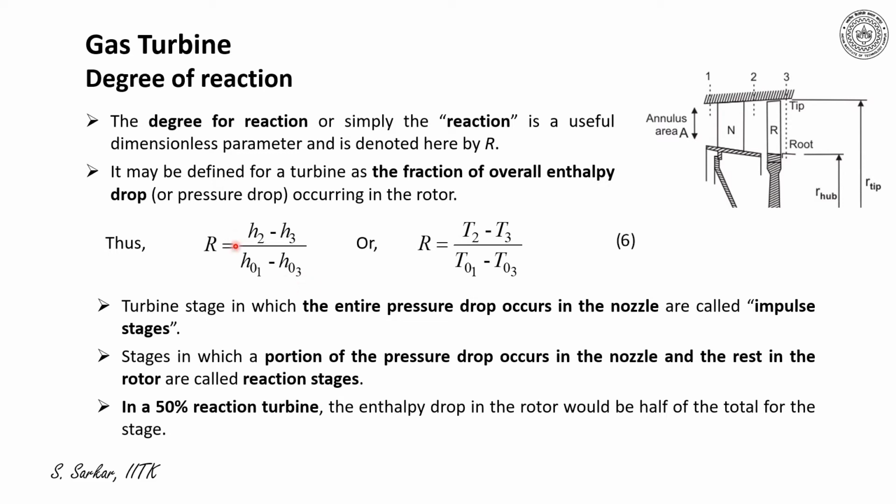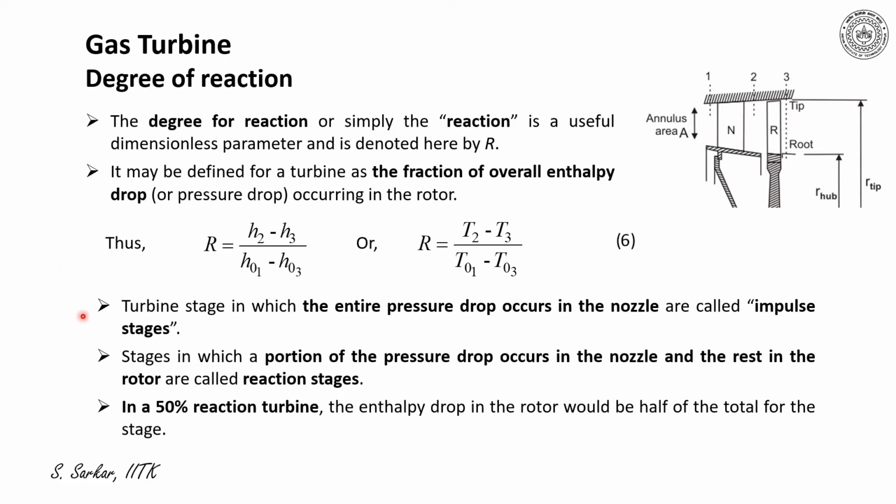So it is the ratio of enthalpy drop in the rotor to enthalpy drop in the stage. Now, if we consider Cp is constant, this can be written as R equals T2 minus T3 divided by T01 minus T03. Thus, it is the ratio of static temperature drop in the rotor to the total temperature drop in the stage.